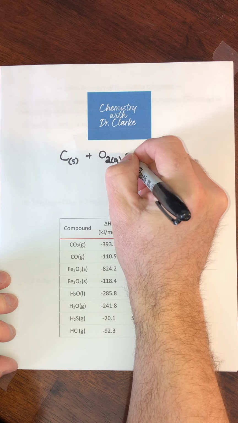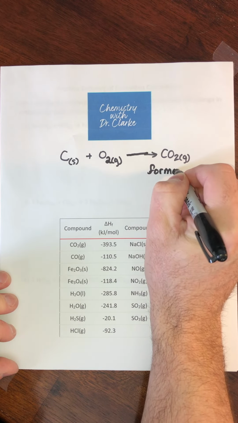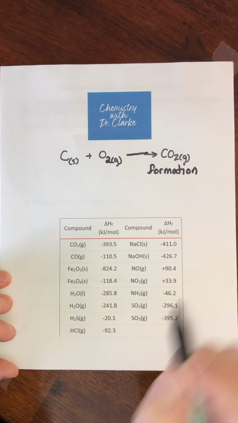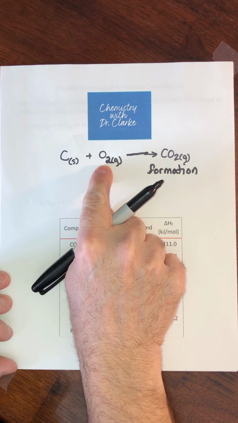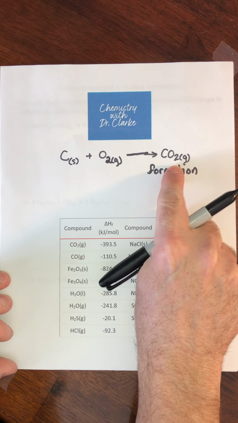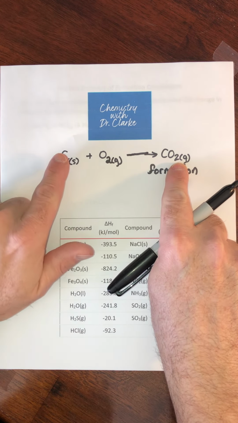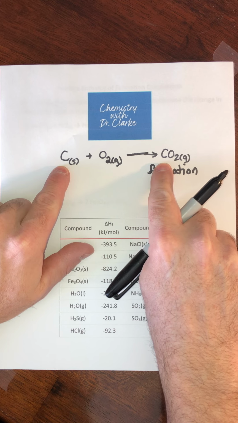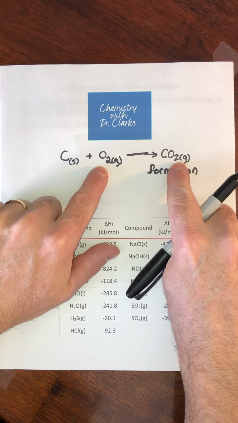So if you wanted to talk about the formation of carbon dioxide, it would be one carbon solid plus one oxygen gas, an O2 gas, turning into a CO2 gas. And for this particular problem, you can see that it's already pre-balanced, right? You start with one carbon, you end with one carbon, you start with two oxygens, and you end with two oxygens.